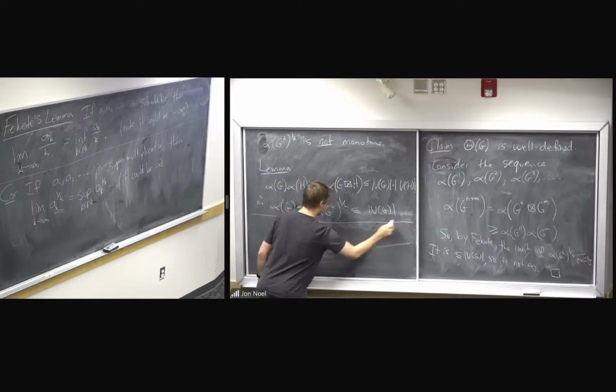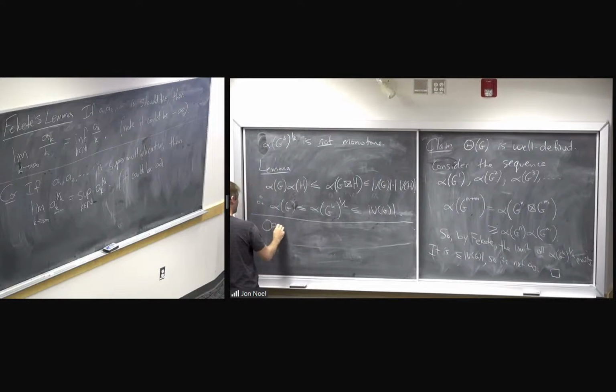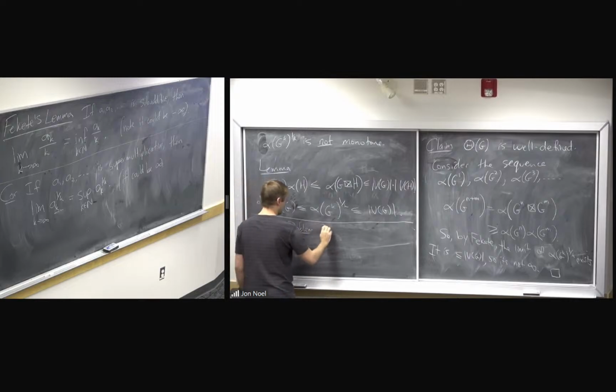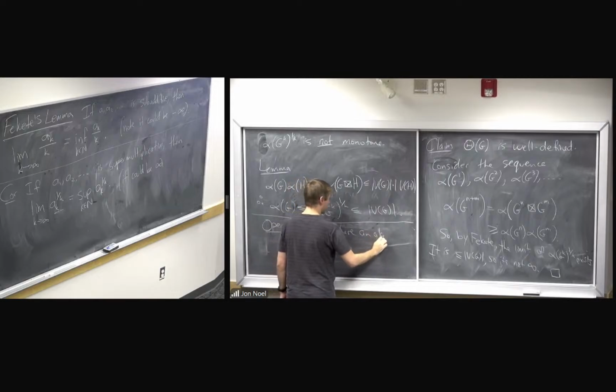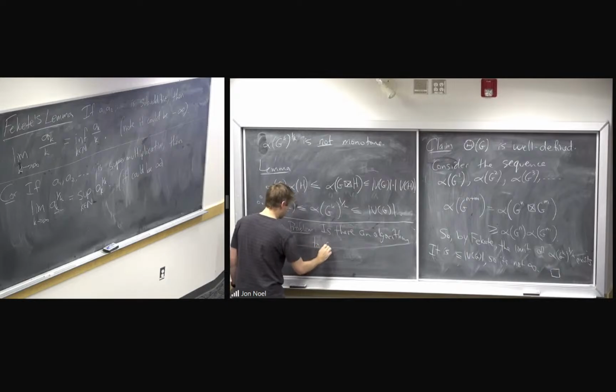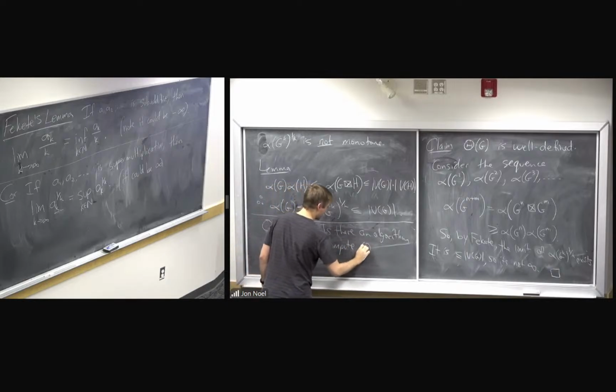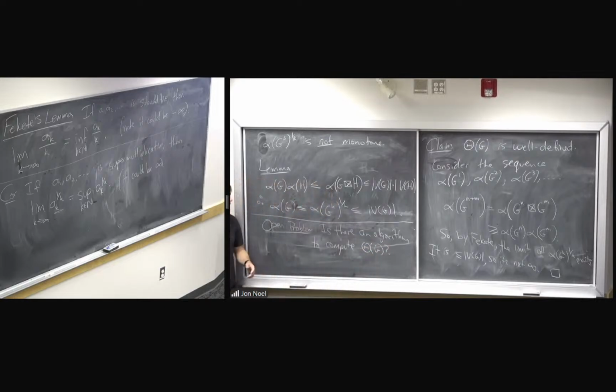So it's a sort of open problem: is there an algorithm to compute the Shannon capacity?